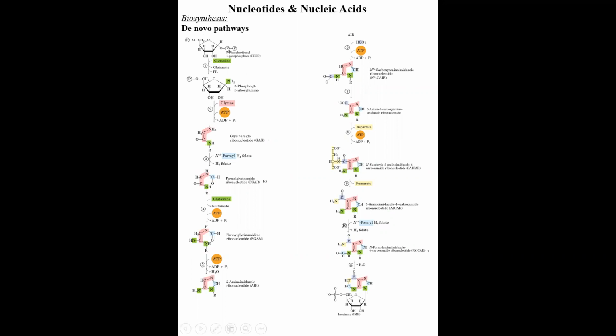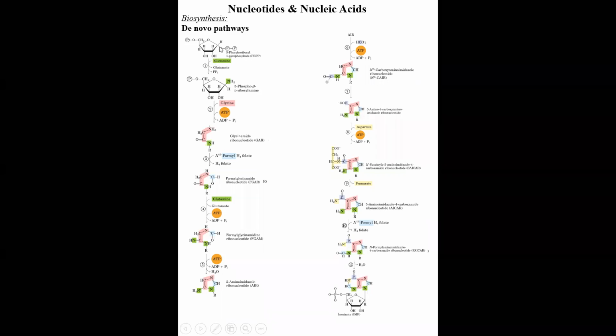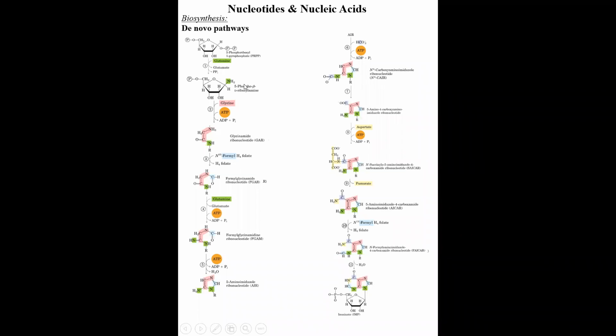This is the ribose sugar at which a phosphate group is attached at the 5th carbon, and at the first carbon you can see a pyrophosphate group is attached. Hence it is known as 5-phosphoribosyl pyrophosphate, because the phosphate groups are attached at different atoms.